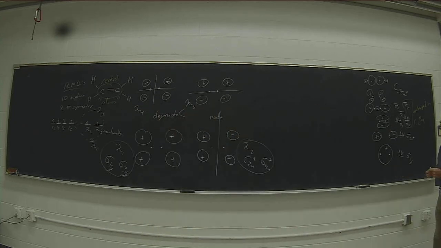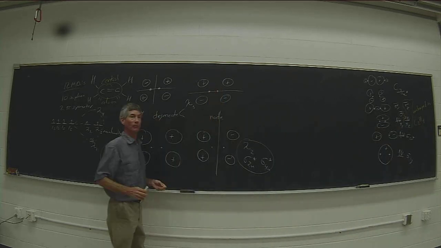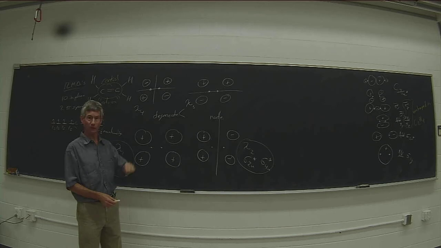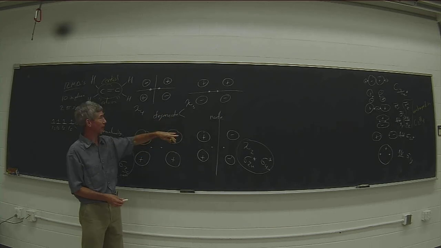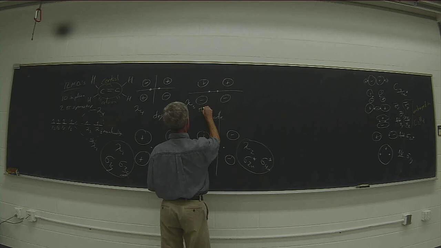Lambda 3 has the same symmetry as pi y. It's gerade with respect to reflection through the vertical plane, but ungerade with respect to reflection through the horizontal, the xz plane. Gerade for yz, ungerade for xz. Pi y satisfies that.